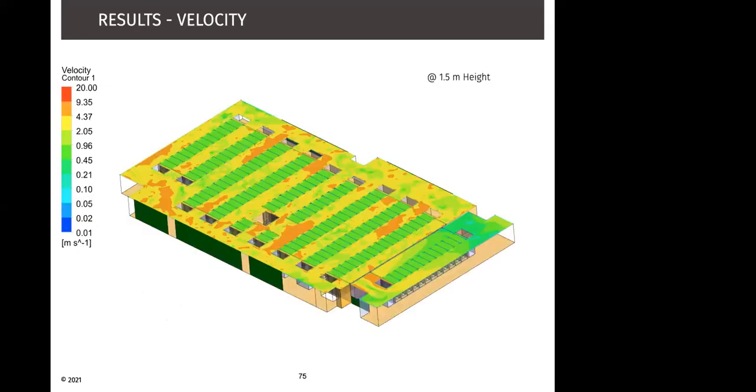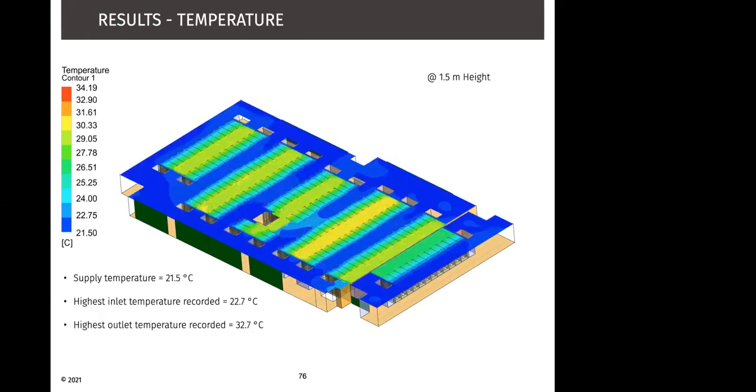So in this case, we can see the velocity of air moving around the system at 1.5 meter height. So what you see in between are the hot aisle, and there is a free discharge of cold air into the room. And this is the temperature at 1.5 meter height.